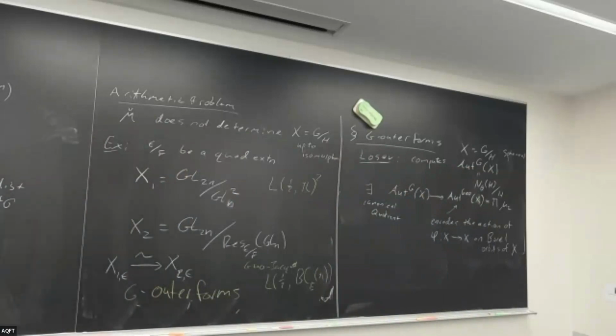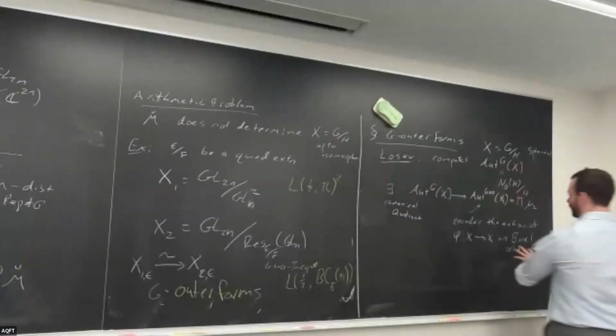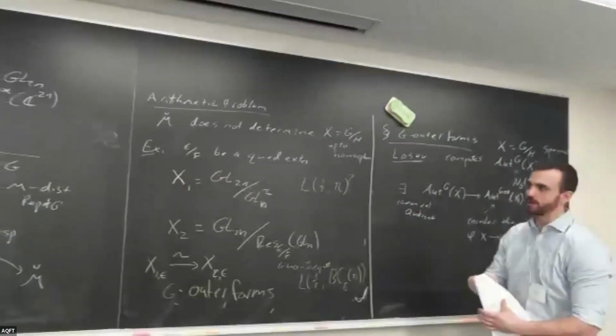So let me give a quick example. This is something for people who are familiar with spherical varieties. This is quite a natural thing, you might hope. The combinatorial aspect of this set of Borel orbits is crucial to the study of spherical varieties.